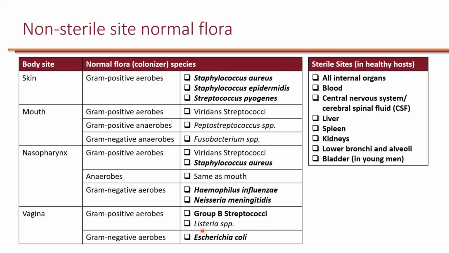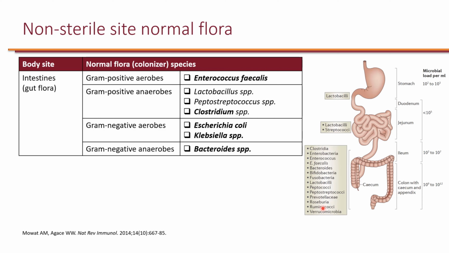Of course, when people mostly talk about flora, they typically talk about the GI tract, so the gastrointestinal tract, commonly referred to as gut flora, and there are a lot. So you can see on the right-hand side that because of the harsh acidic environment of the stomach, not many bacteria can live in the stomach, and that's in general a defensive mechanism.